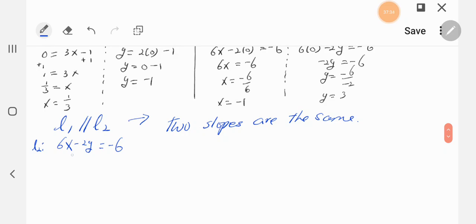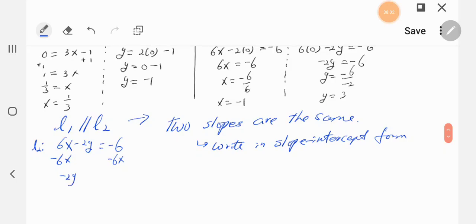So from here, let's find the slope. When you find the slope, write the equation in slope-intercept form so that we can find the slope easily. So move 6x to the other side: minus 6x from each side.